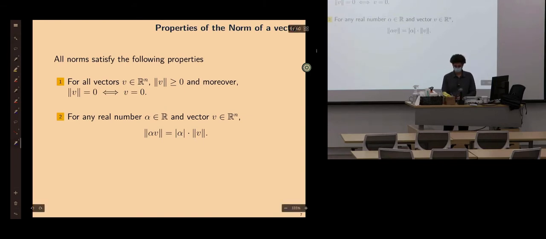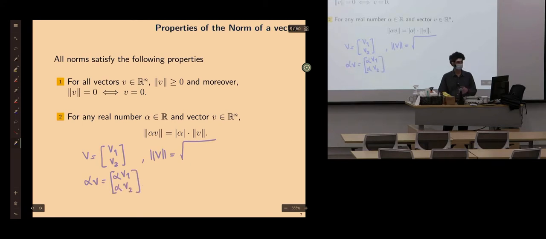You have a vector V. The norm of V is... now alpha times V is alpha times V1 and alpha times V2. That was the rule of scalar times vector multiplication.